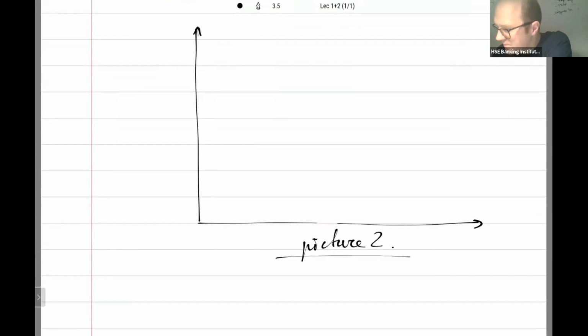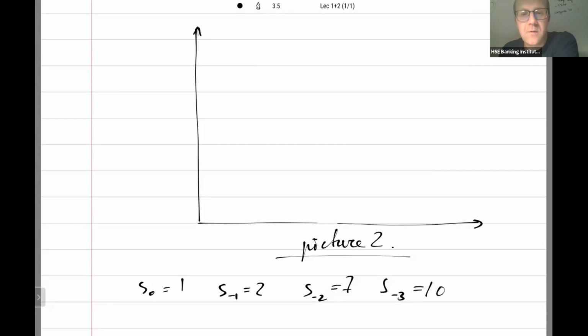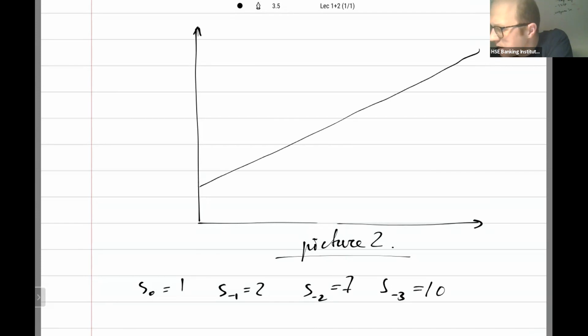Imagine that S0 is 1, S-1 is 2, S-2 is 7, S-3 is 10. Then you will have LT that evolves like this.